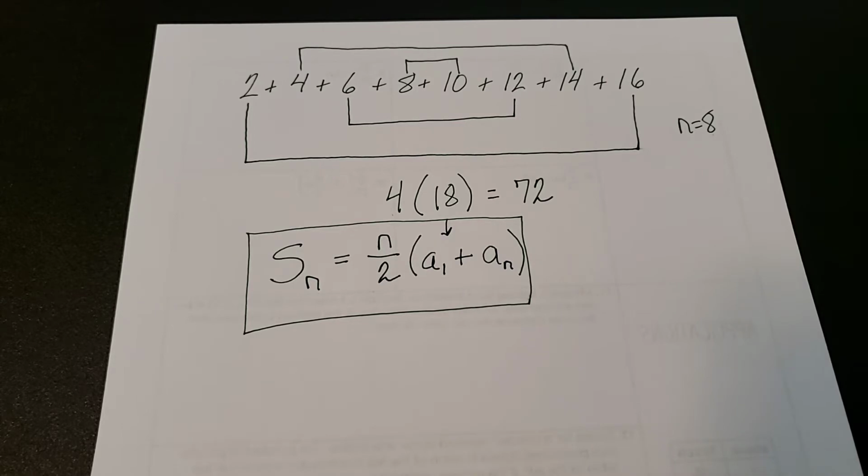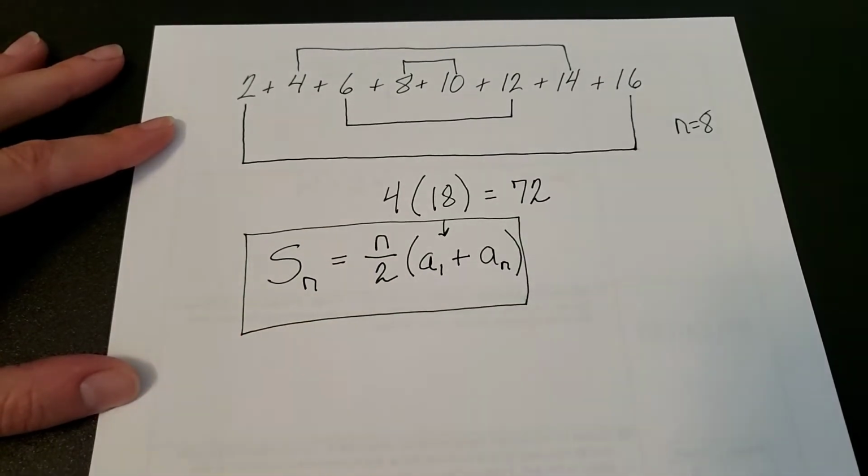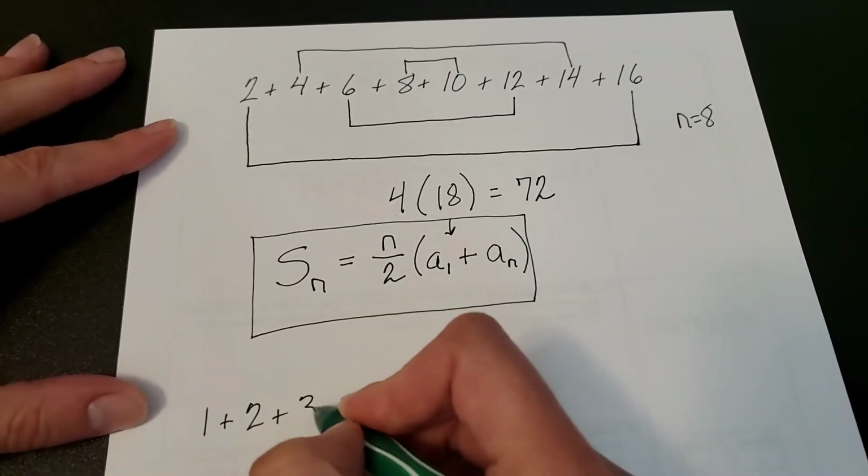And so he told all of his students that they needed to add the first 100 counting numbers. They needed to add the numbers from 1 to 100. And he was hoping, because obviously they didn't have calculators back in the late 1700s, that this would take a great deal of time. Well, little Carl came up with the answer quite quickly by doing this.